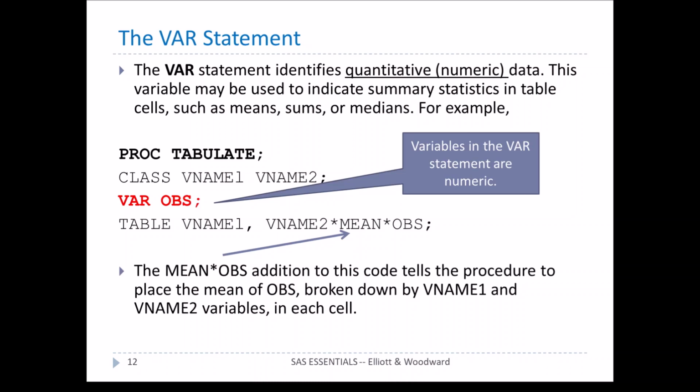And OBS, observation, is a numeric variable. If we happen to put mean by OBS in addition to this code, it would tell PROC Tabulate to place the mean of OBS, broken down again by vname1, and then notice here, vname2 by mean by OBS would create the mean of OBS within the vname2 category.